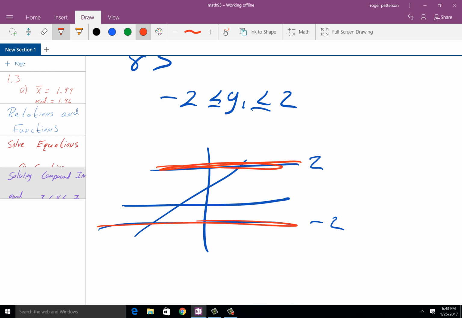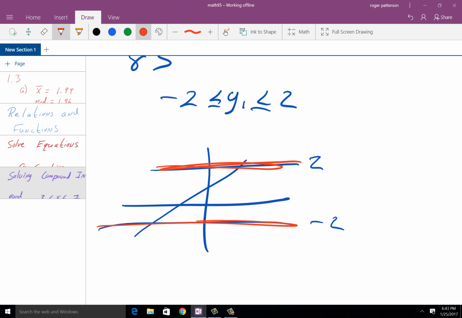So, in this case, again, we want to estimate these x's. We would come down to here, figure out, well, when is this graph equal to 2? I don't know what x that is because I just sketched it. Anyway, is it 1? Yeah. Okay, and then we're going to do the same thing here. What does this one lead us to?